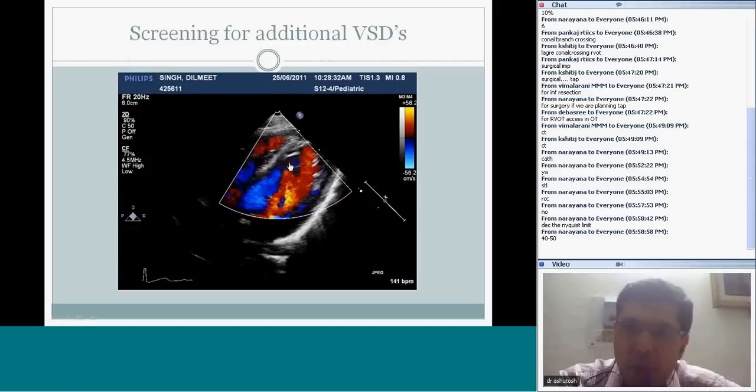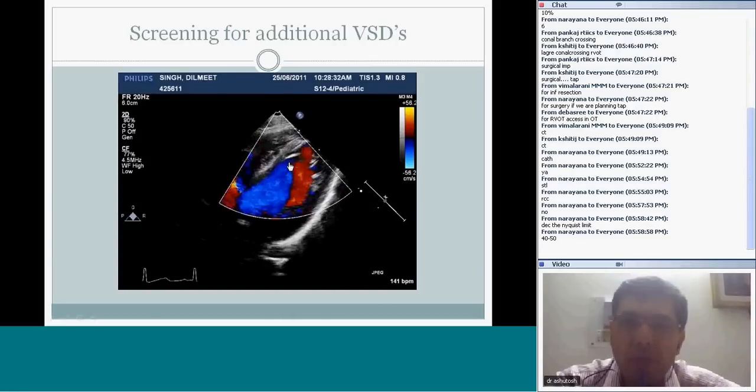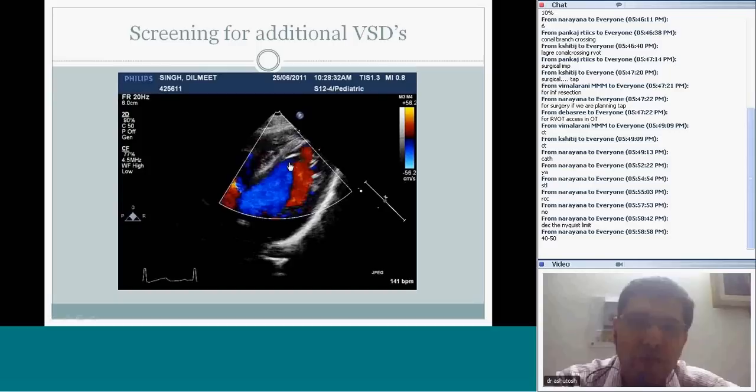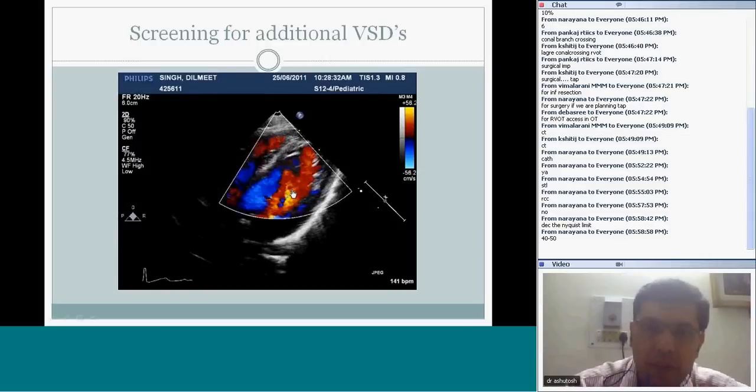The advantage of bringing down the Nyquist limit is the color lines the septum, and if there is any small crack, you will be able to identify it. Lower than that, everything gets illuminated, and you will be saying, okay, there is an additional VSD, but there will be nothing. So 40 to 50 is good enough to find additional VSDs, and the next video is going to show you similar things.